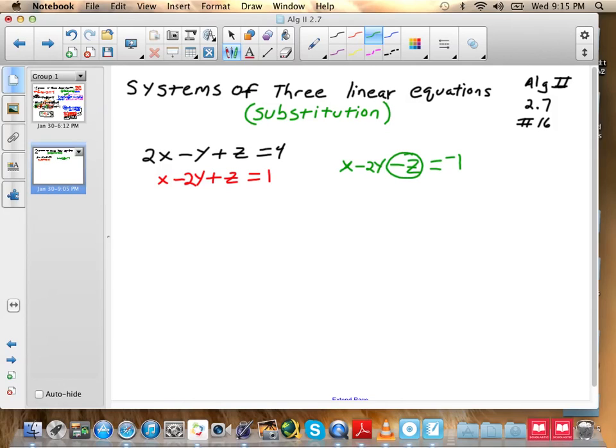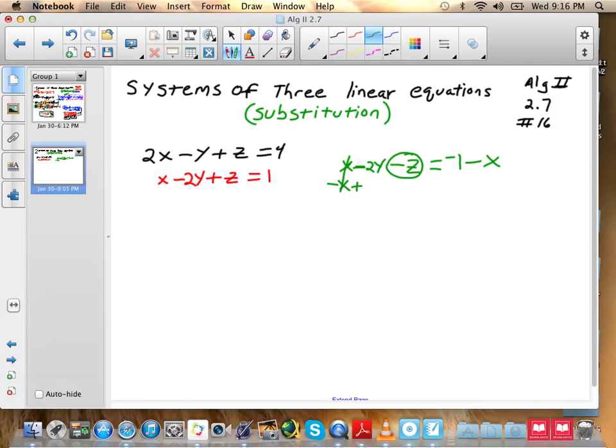by first subtracting x, so that I eliminate this term, x being the first term. And what I do to one side, I have to do to the other. Then I want to get rid of my second term, which is -2y.